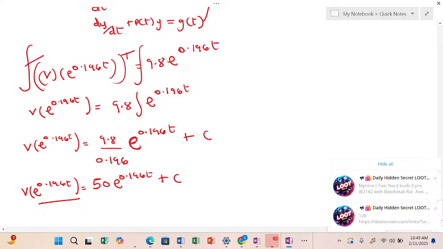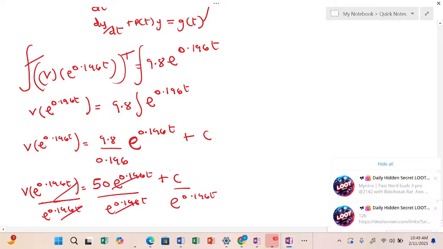So we divide through by e to the power 0.196 t. We know that this one takes away that, and this one takes away that.